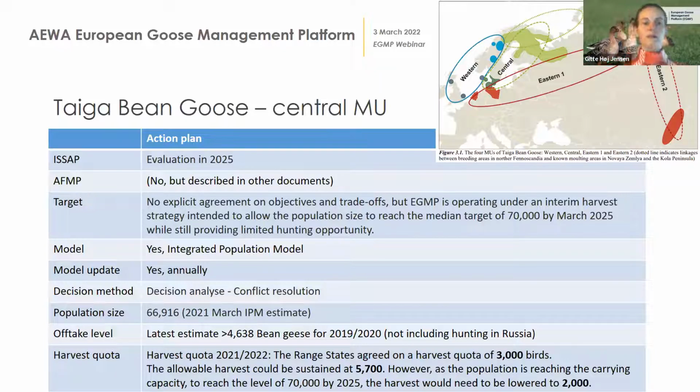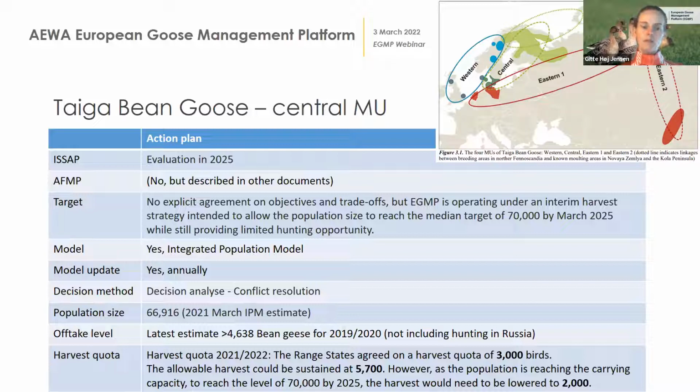Opposite the pink-footed goose, we actually don't have a target. We don't have this explicit agreement on the objectives and trade-offs. So we are operating under an iterative harvest strategy. We do have a model, an integrated population model, which was developed recently. And this model is also updated annually so that we can learn about the population.